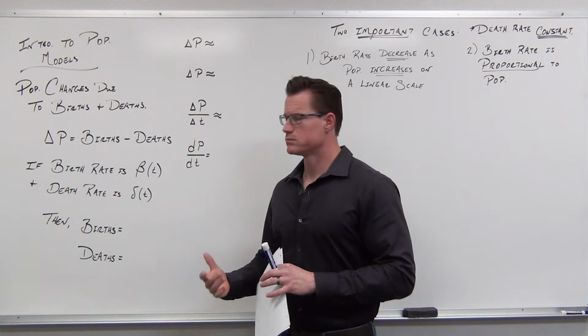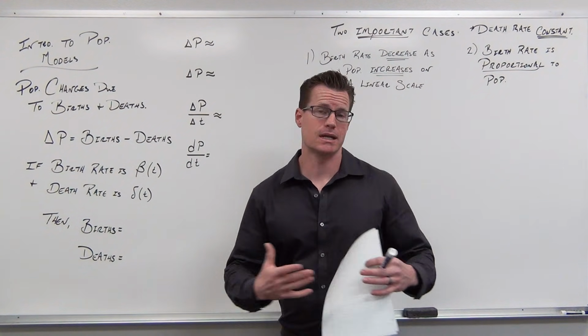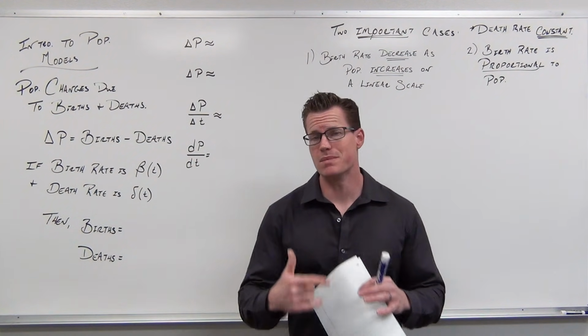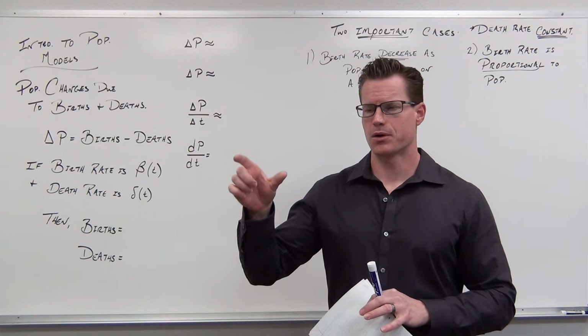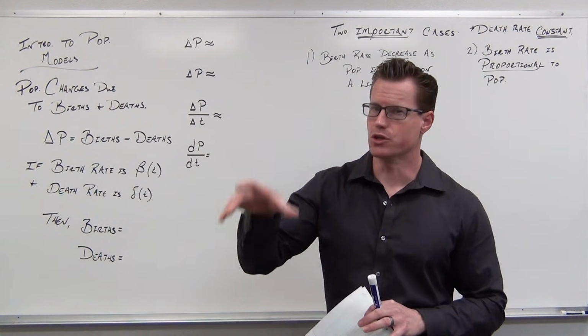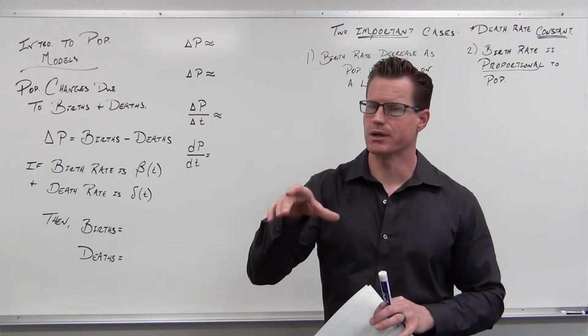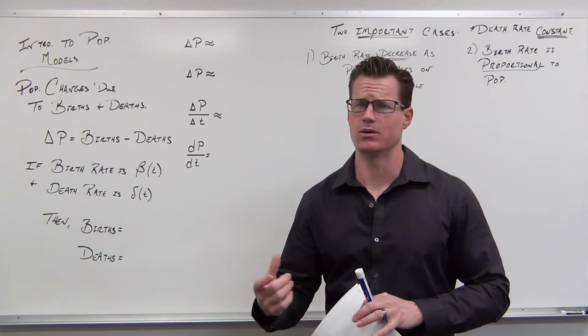Great. Well, we typically have a birth rate and a death rate in any population. But here's what we mean when we say a birth rate or a death rate. A birth rate would be the rate of births per unit of population per unit of time. That sounds kind of funny unless we understand what that is, so let me explain.